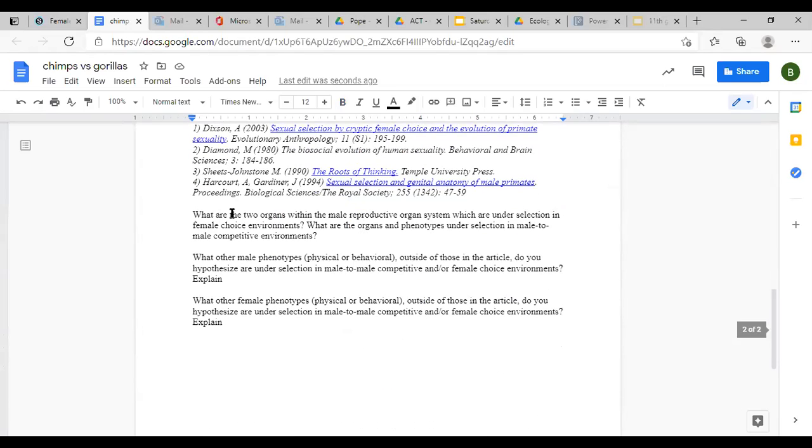So what are two organs that are under selection in female choice environments? And it's in the text. Think of it like an ACT reading. What are two organs in the male reproductive system which are under selection in female choice environments?